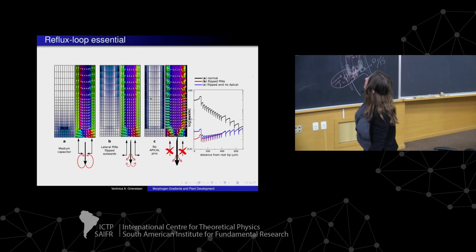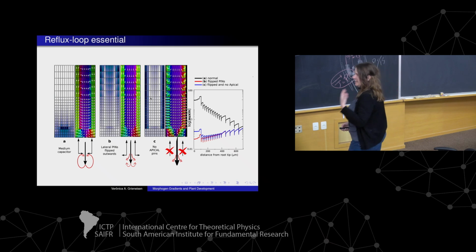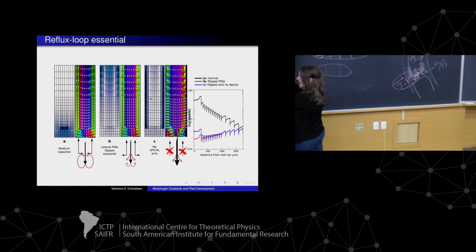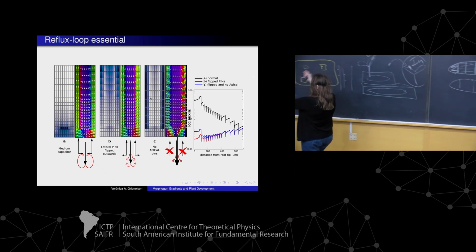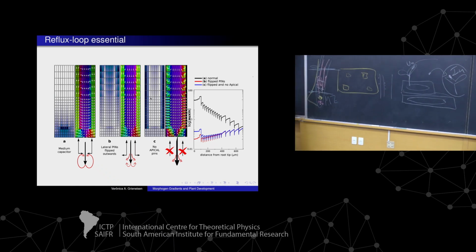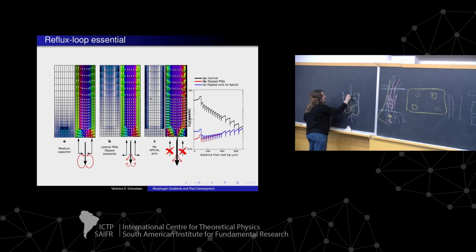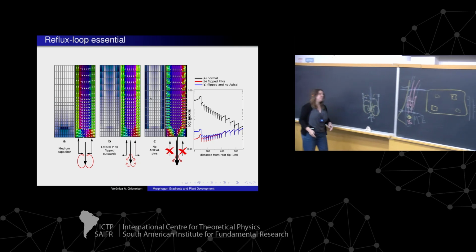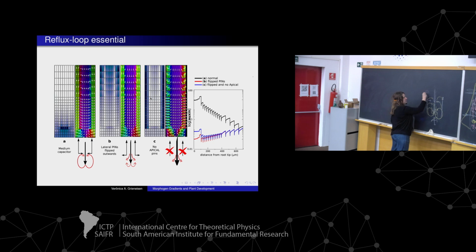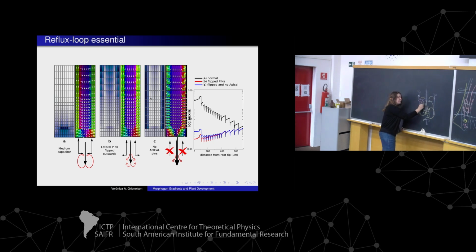And the story gets better, because if what's causing this is the reflux loop, how much is going back into your fountain instead of back up, it means it doesn't matter that much how much of the PINs are positioned down or upwards. What's really important is how much of the lateral PINs, the sideways PINs, there was, because that's giving you the reflux. So we did some simulations here.